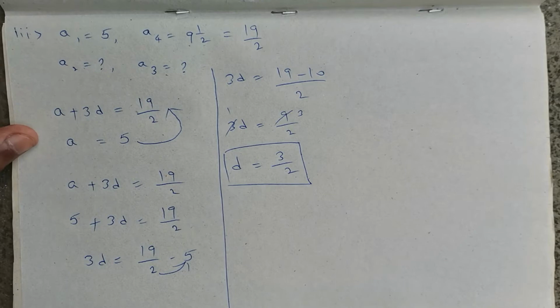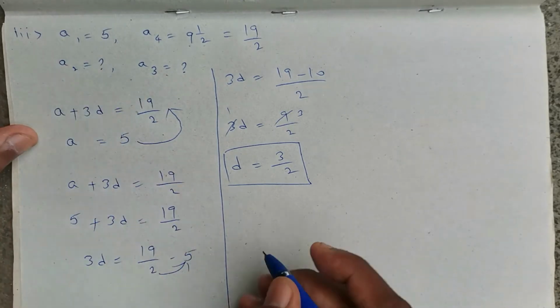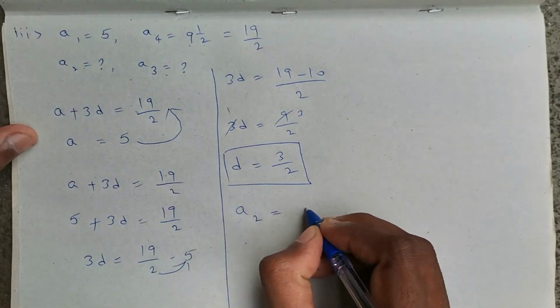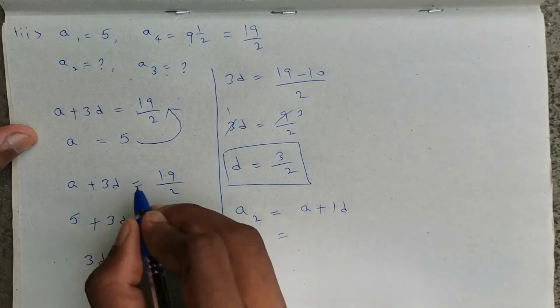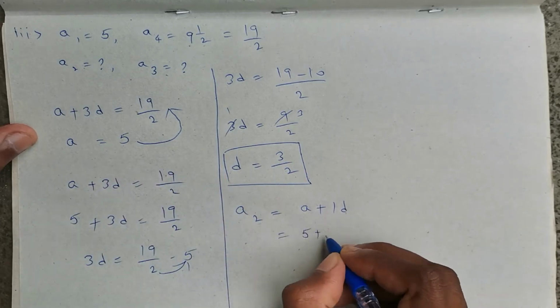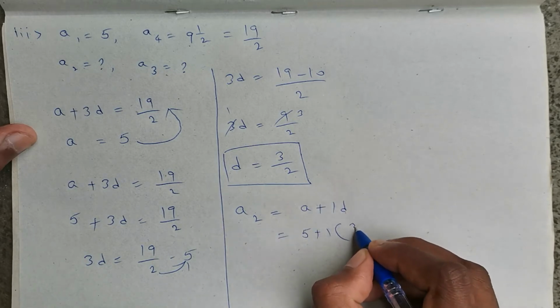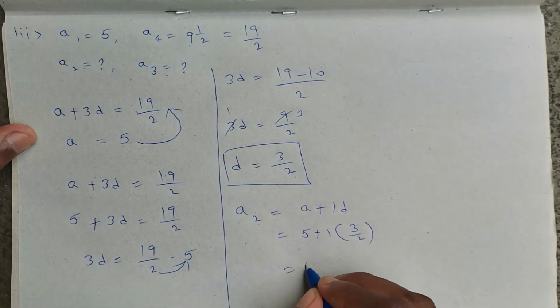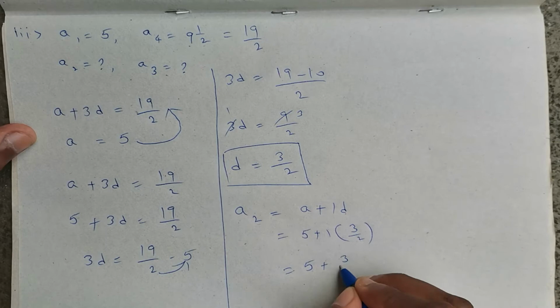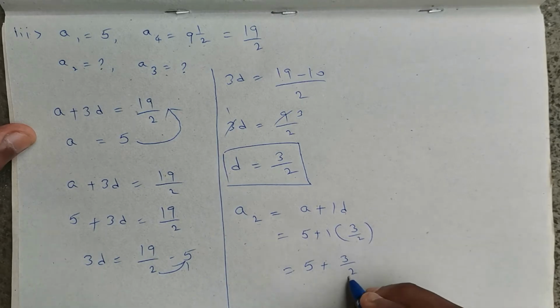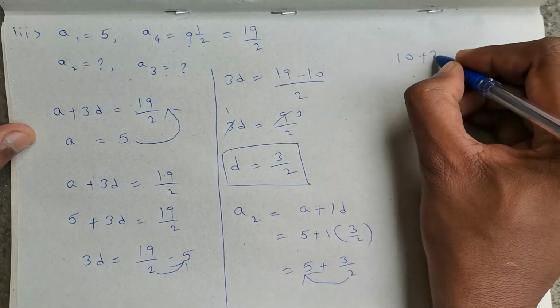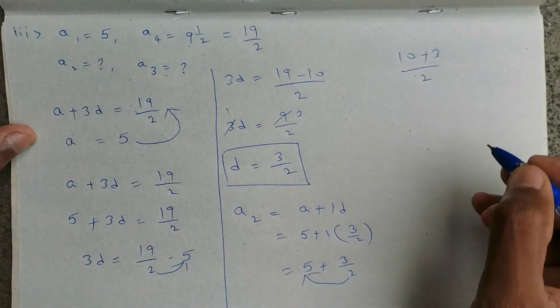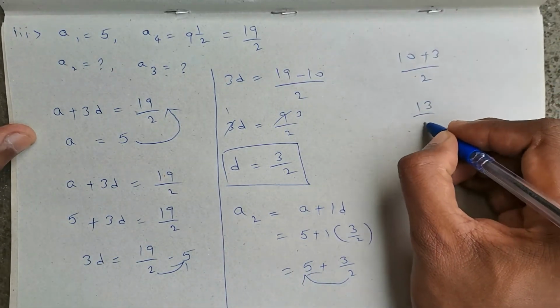Next, he is asking for A2 and A3. A2 is equal to A plus 1D. A value 5 plus 1 into D value 3 by 2. Which is equal to 5 plus 3 by 2. If we multiply, 2 fives are 10 plus 3, whole divided by 2, which is nothing but 13 by 2.